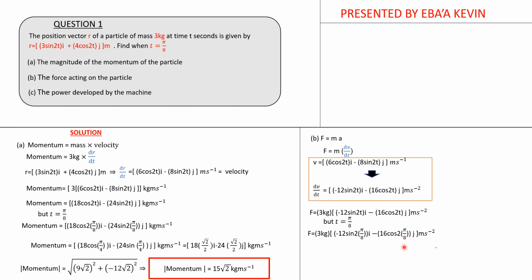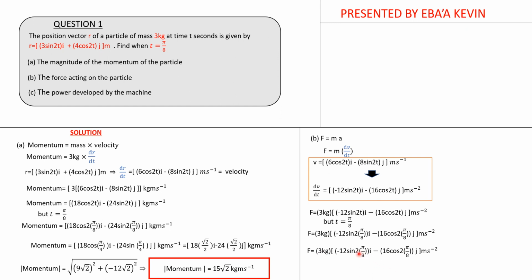I think I wrote it twice, there's no problem about that. So we are still going to have sin pi on 4, and similarly here cos pi on 4.